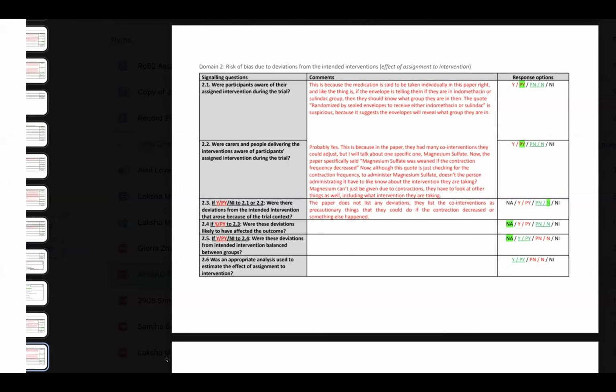Yeah, I agree. So I see what Ahmad is saying here is that maybe there are clues that they know, but actually, the administration of magnesium is done in response to the contractions. And so, let's just say you're a random nurse that has no idea that there's even a study going on, and then one of your patients is having contractions, you would go in and administer the magnesium sulfate.